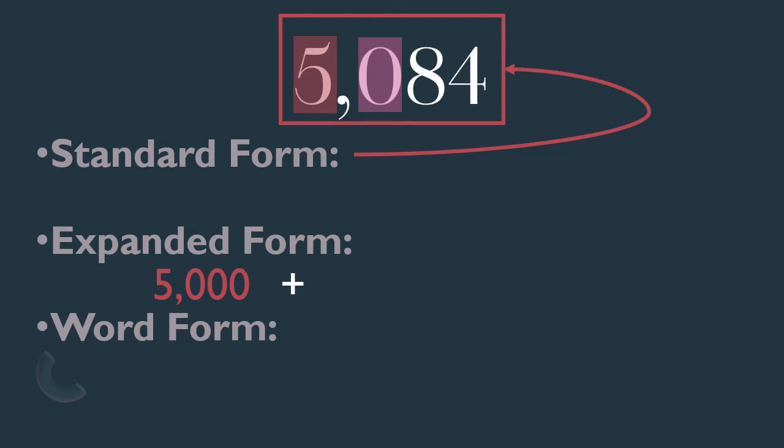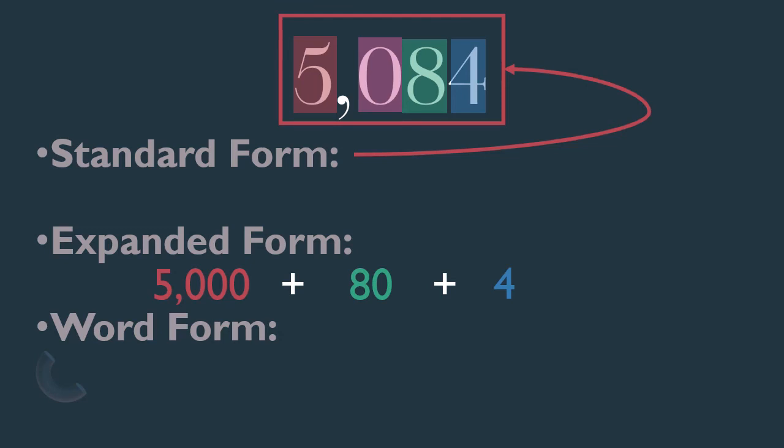Now I could write 5,000 plus 0 plus the next values, but I'm going to choose to leave that 0 out. So then I go to my next digit, which is the 8 in the tens column, and 8 in the tens column is valued at 80. Finally, I look at the 4 because I'm going to need to add that to the expanded form, and the 4 in the ones column is valued at 4. So my expanded form, my stretched out form of 5,084 is 5,000 plus 80 plus 4.